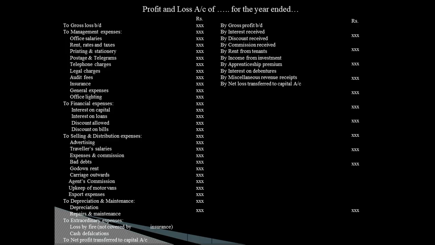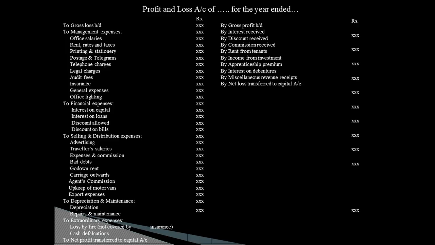On the debit side of the profit and loss account, first write gross loss, if it is a gross loss. Or if it is a profit, on the credit side of the profit and loss account, we write it as by gross profit.